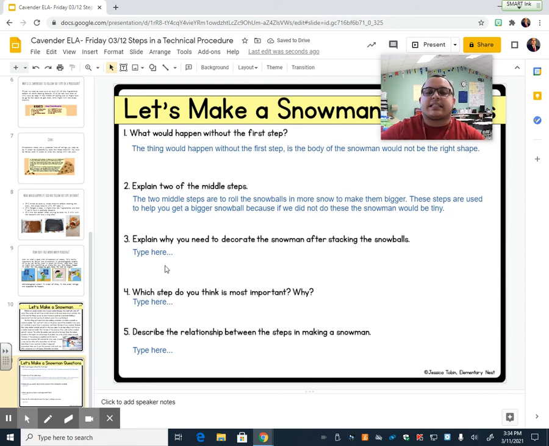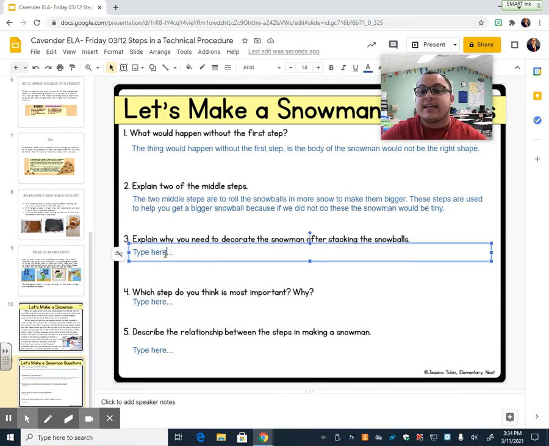All right, this next question says, explain why you need to decorate the snowman after stacking the snowball. Now, I think that it's more personalized. So you need to decorate it after stacking.